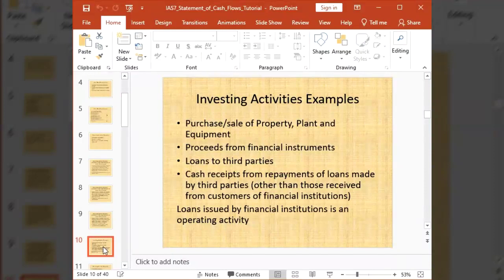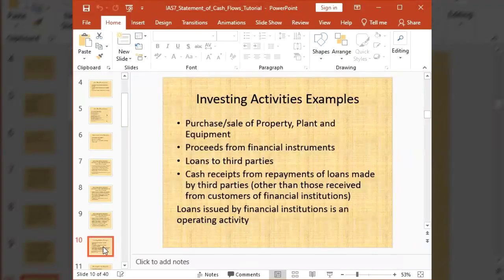Remember that when we talk about purchase or sale of property, plant and equipment, these are non-current assets in the statement of financial position of a reporting entity. And as non-current assets, these assets are expected to lead to future economic benefits to the reporting entity.